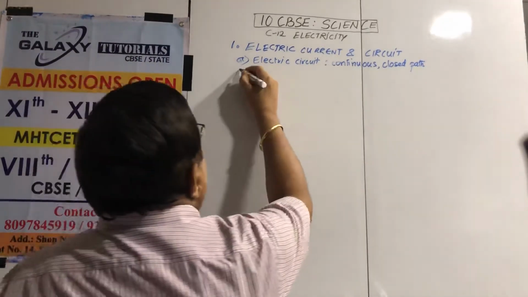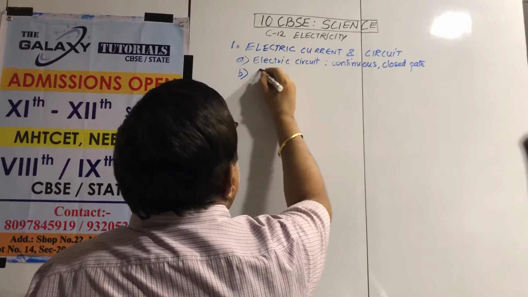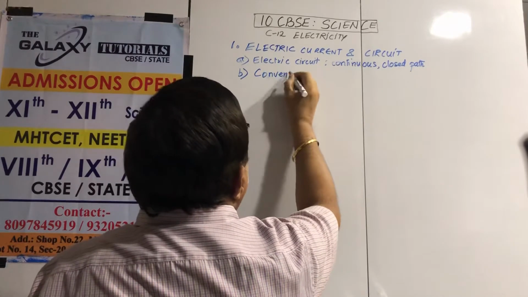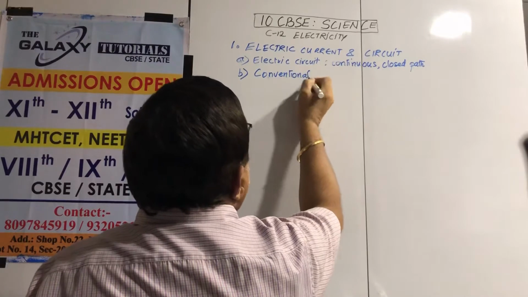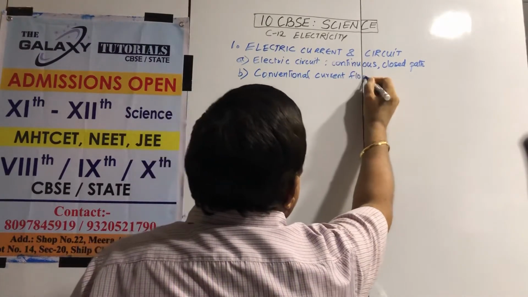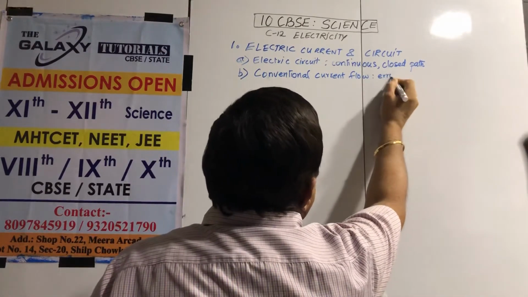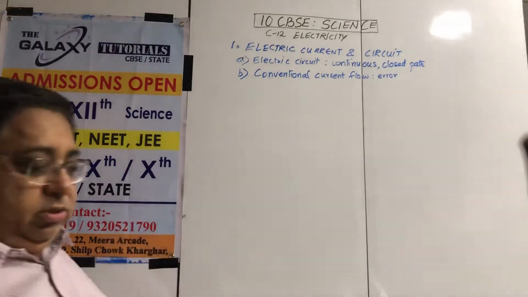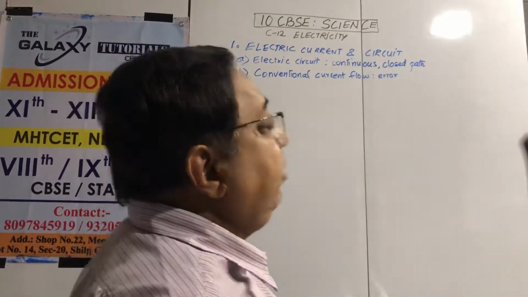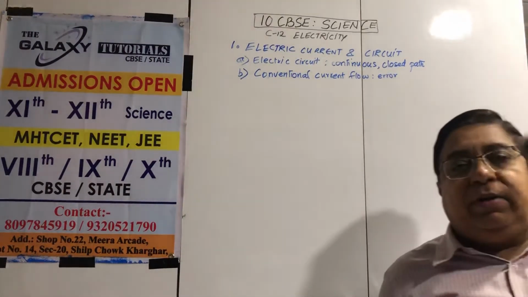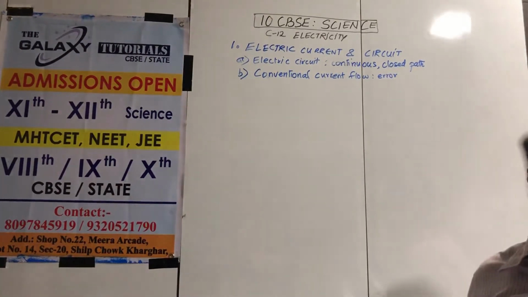Second point the book makes is conventional current flow and its error. Earlier we believed positive particles came out and went through the conductor, the continuous path as you've written, to generate the flow of electricity.